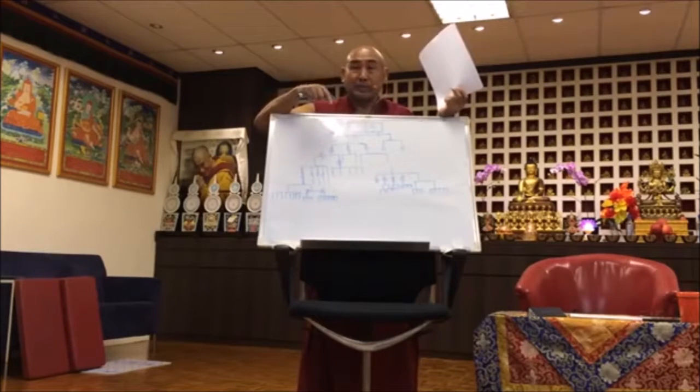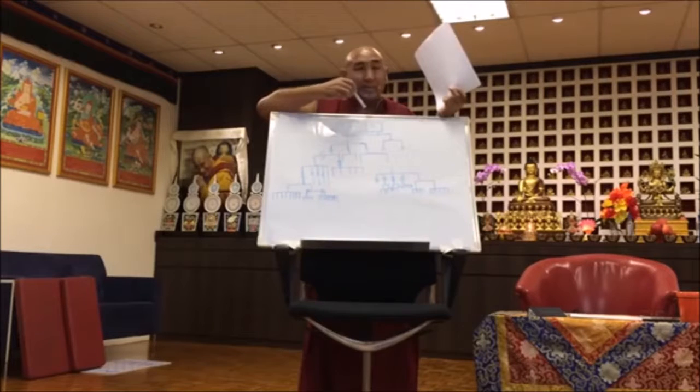What does ignorance mean? Everybody perceives all phenomena as existing independently, existing solidly. But in reality, nothing exists independently, nothing exists from the object side. That's what we call selflessness.